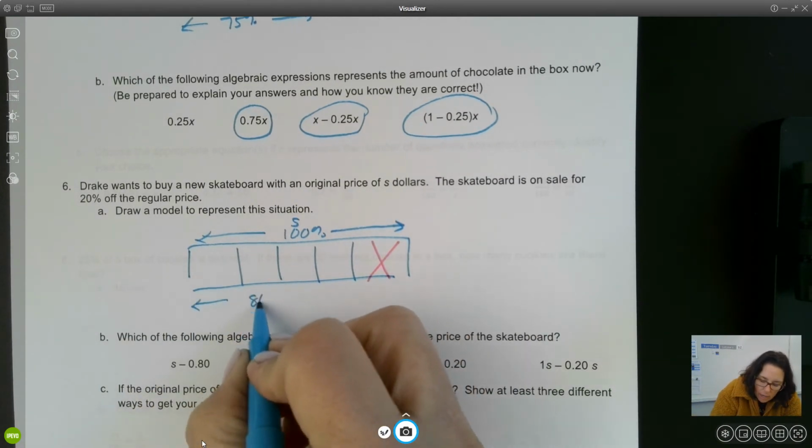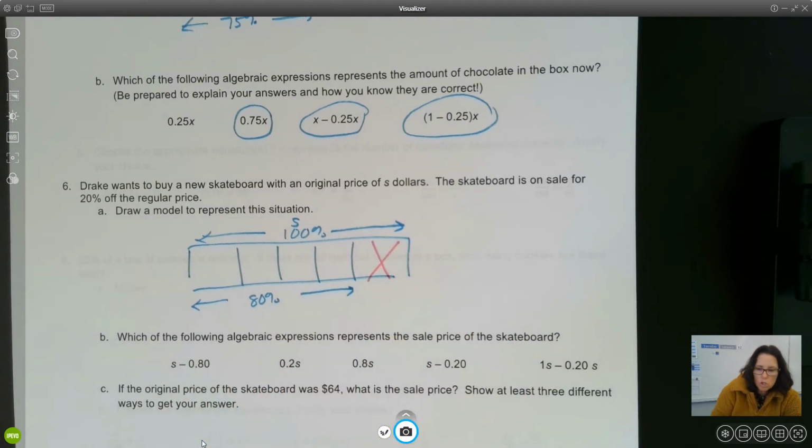And this is going to be 80% then. If 20% is chucked off, guess what? We got 80% left. All right, this, no, this is a skateboard minus 80 cents. No. 20% of the skateboard? No, that's how much they're going to save on it. This is 80% of the skateboard. This is 20 cents taken off the skateboard. Okay, this guy works.